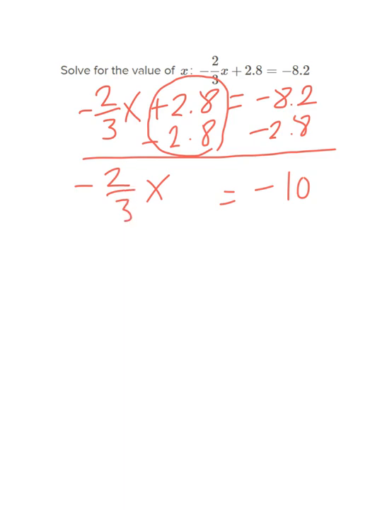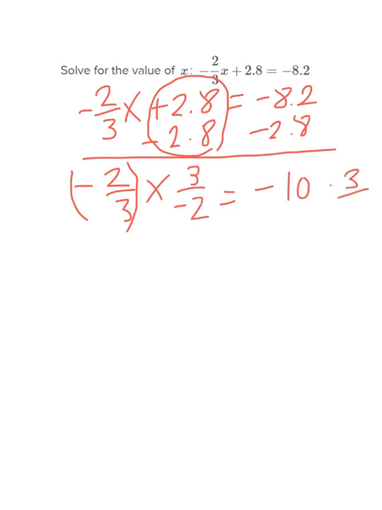But when you divide by negative 2/3, what you really do is just multiply by the reciprocal. So over here, I'm going to put this in parentheses, and I'm going to multiply both sides by 3 over negative 2.